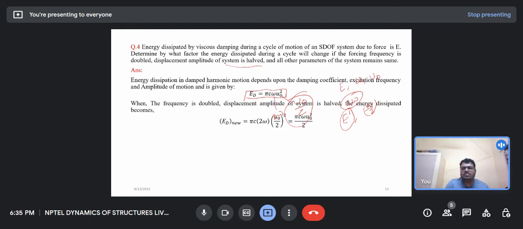Let's find the new energy Ed new, in which omega becomes 2 omega and u naught becomes u naught by 2. If you solve that, the energy becomes pi c omega into u naught square divided by 2. So that factor comes out to be 1 by 2. Any doubt in this question?